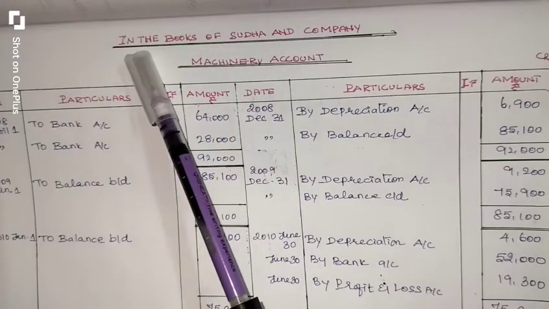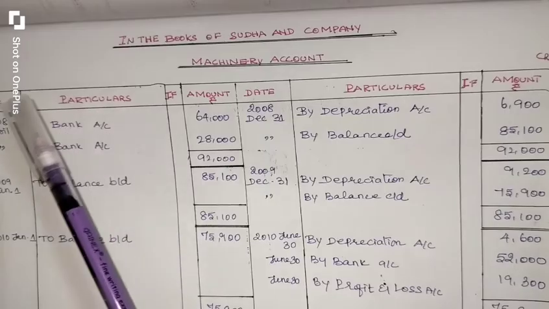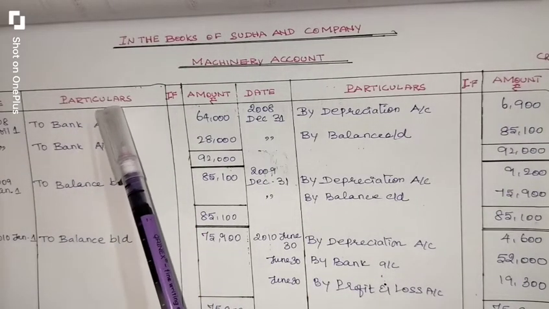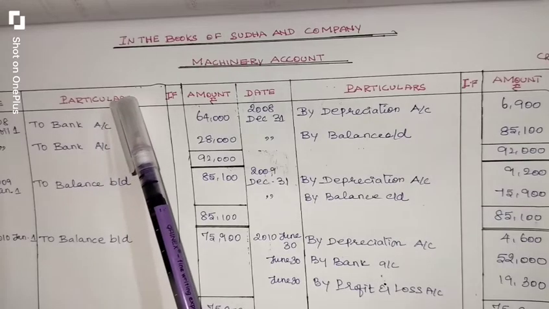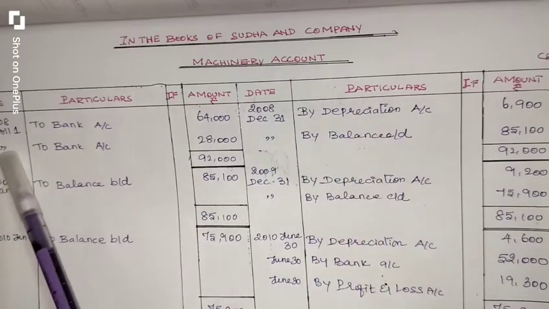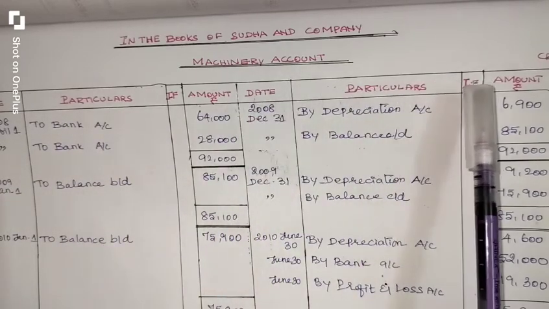In the books of Sudha and Company, the format of the ledger account is debit and credit. We have 4 columns on the debit side and credit side, that is date, particulars, JF and amount.